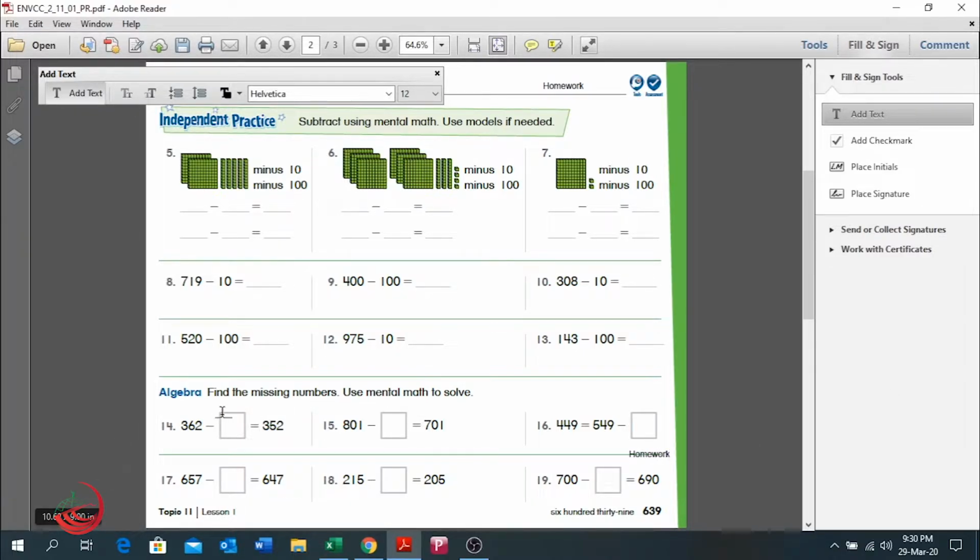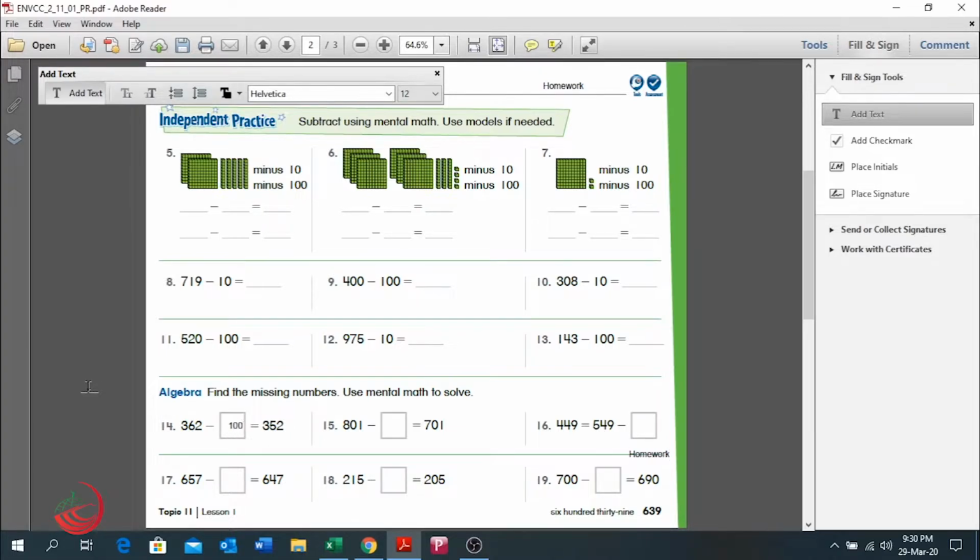Let's do that part. Number 14, 362 minus what equals 352? Which digit changed? Did the 2 change? Nope, still the same. What about the tens? The 6 became a 5. It decreased by 1. Okay. What about the hundreds? 3 is the same, 3.